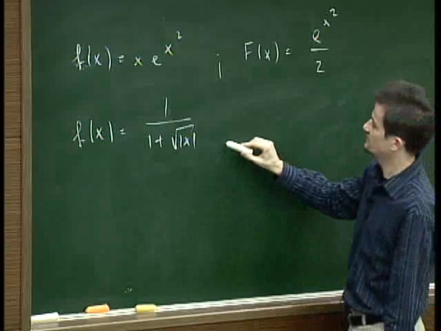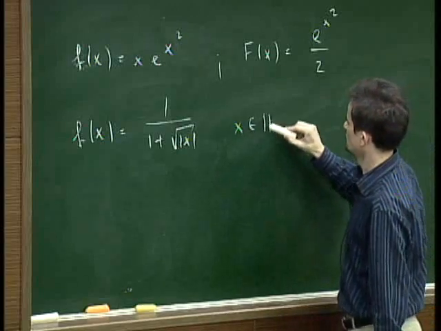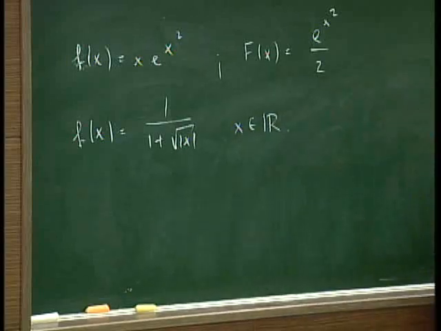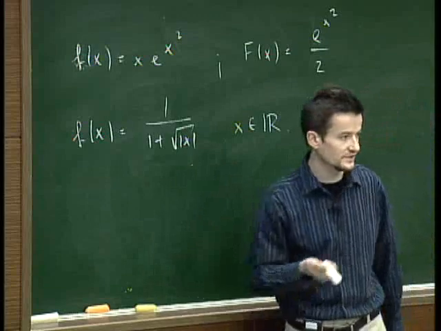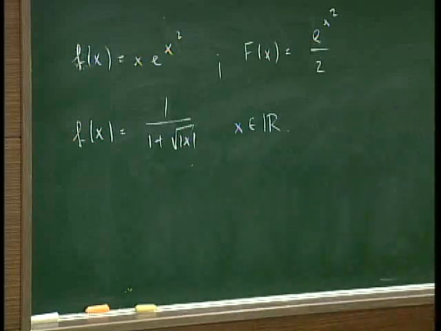Let's say x is any real number. Here maybe it's a little bit more challenging to guess the antiderivative. But you should be aware that maybe there doesn't even exist an antiderivative.